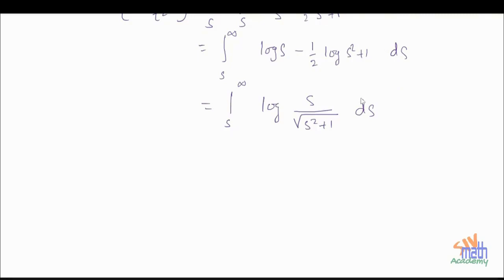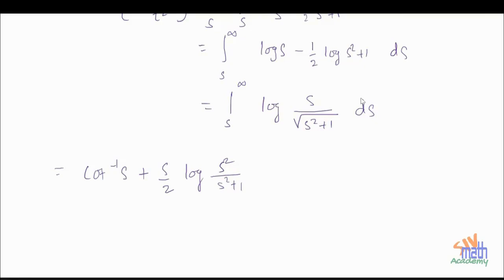Apply the formula and simplify. I cannot do all the effort here. After doing it, its value comes out to be a big expression. This comes out to be cot inverse s plus s by 2 log of s square upon s square plus 1.